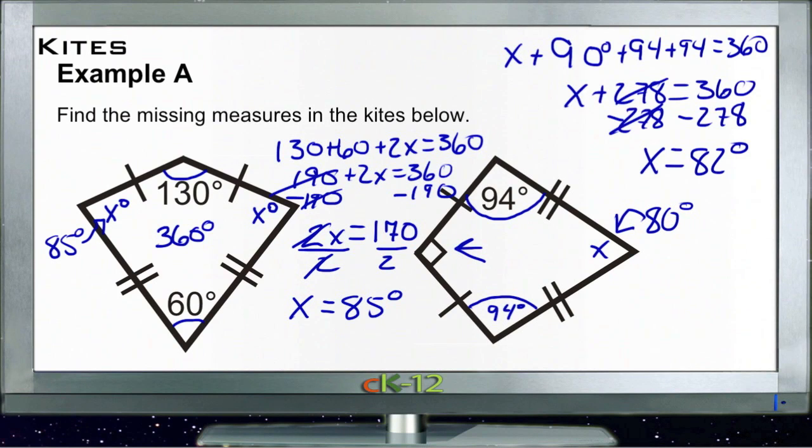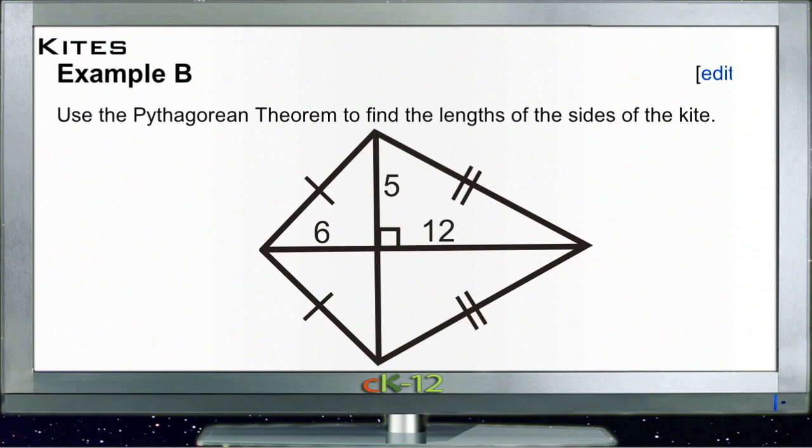All right, let's take a look at example B. Example B says, use the Pythagorean theorem to find the lengths of the sides of the kite. So we're missing this side here. We'll call this one x, and this one over here, we'll call it y. Pythagorean theorem says a squared plus b squared equals c squared, our hypotenuse.